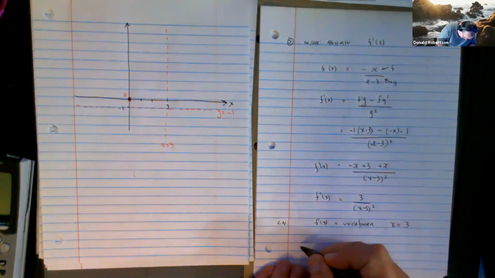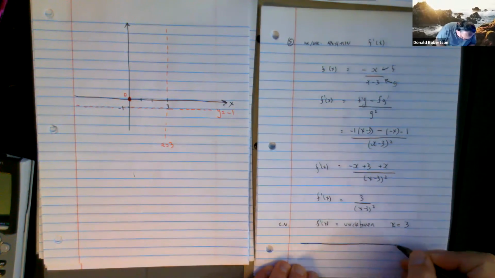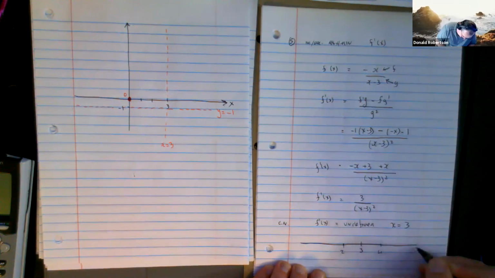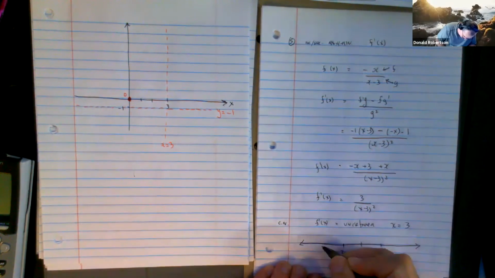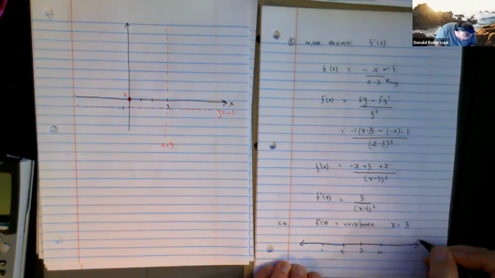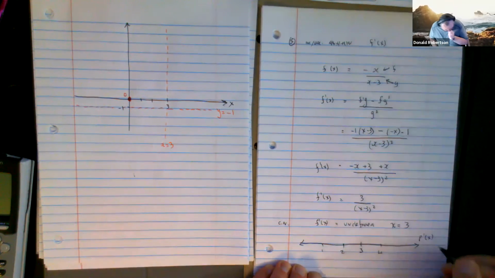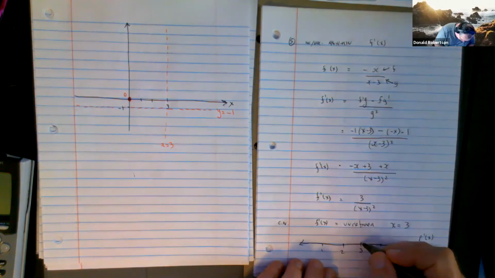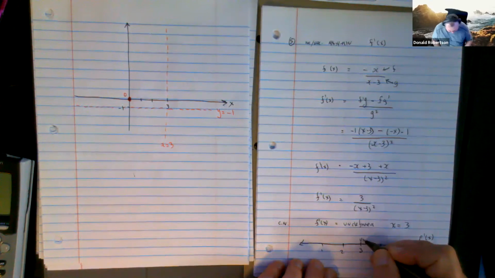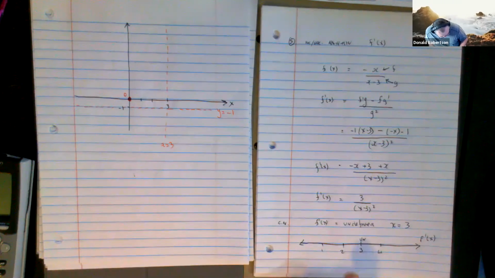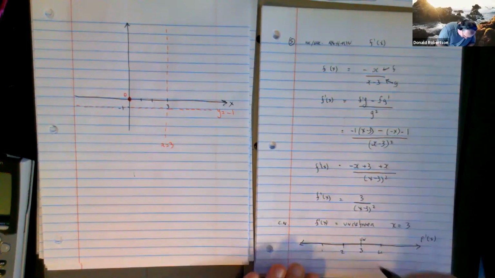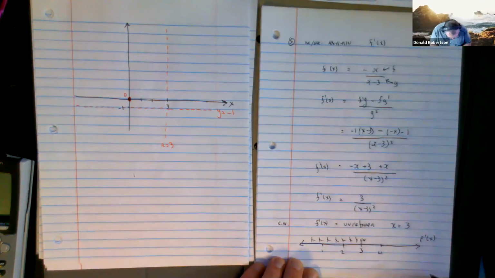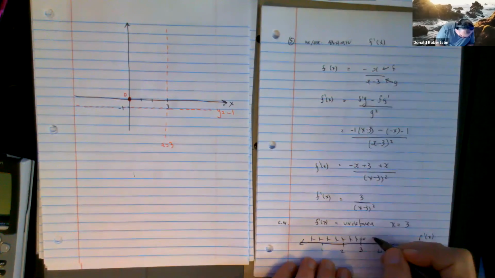And I'm going to draw my number line. And there's my 3. And on my number line, at x equals 3, I'm going to put undefined. And I'm picking a test point of 2. And when I do it, it's positive. And when I choose a test point of 4, it's still positive.